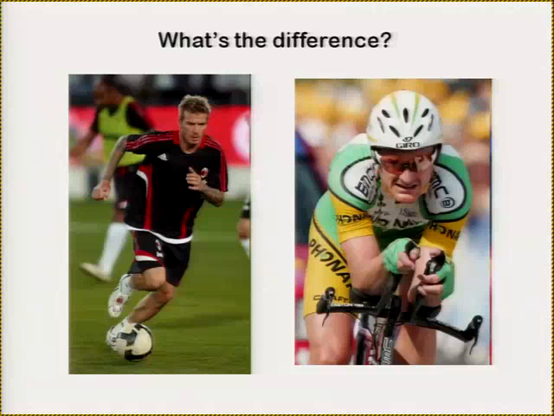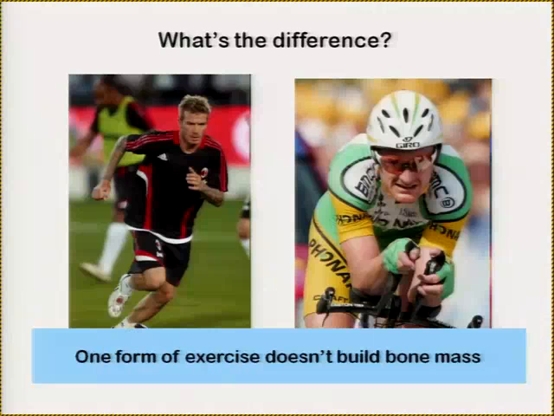What's the difference between these two really great athletes? That's a little bit of a harder question. And the answer, at least in my world, is that Beckham, playing soccer, does an exercise that promotes bone formation and increases skeletal strength.